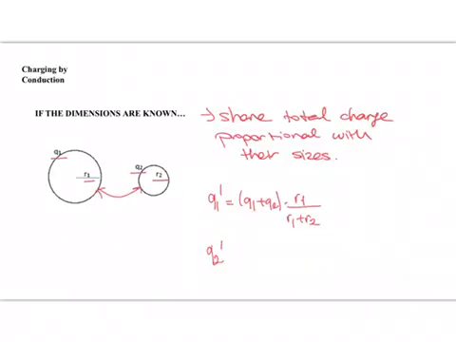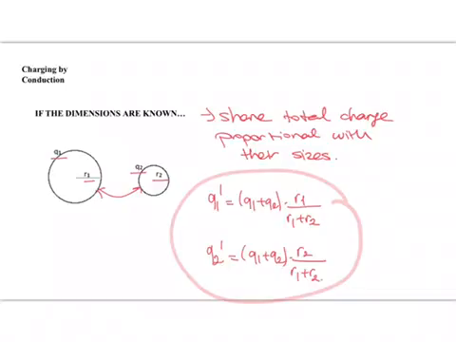The charge of the second one will be equal to the total charge times the radius of the second sphere over the total radius. So this mathematical equation tells us that they share the total charge proportional with their sizes.